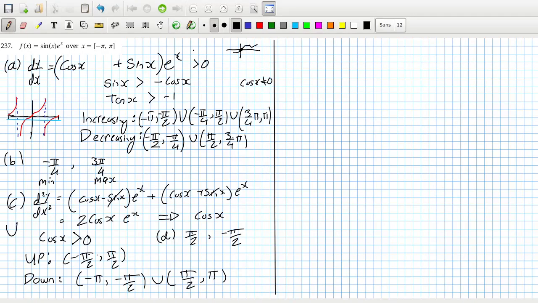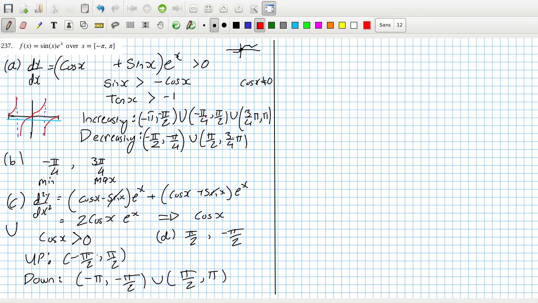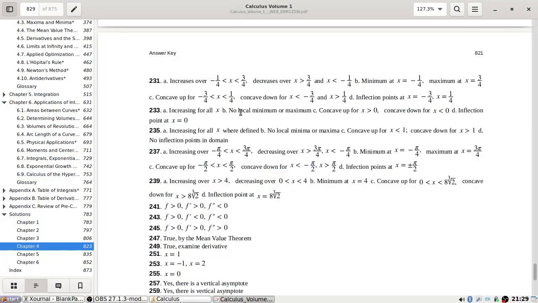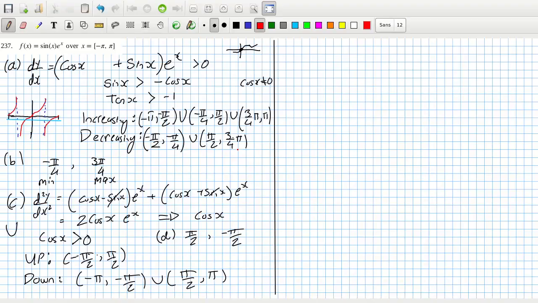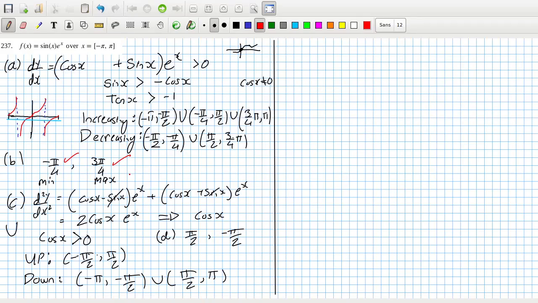Increasing from minus pi over 4 to 3/4 pi. They have increasing only within this interval here and decreasing otherwise. Our min and max are correct. Concave up and concave down.